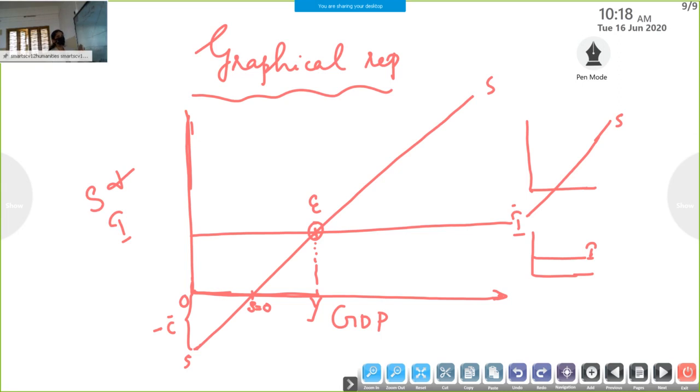Here ex ante saving, the households' saving, and the producers' investment are in equilibrium position. That is why the economy is in equilibrium. This is the equilibrium level of income. OY shows the equilibrium level of income. Point E shows ex ante saving is equal to ex ante investment, ex ante or planned.